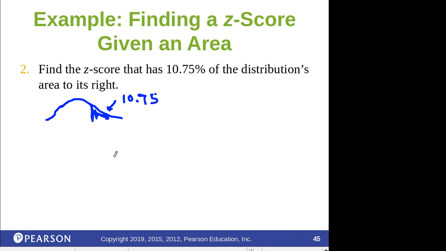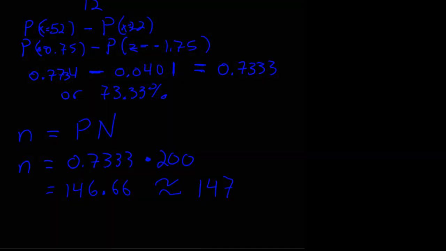But all my tables are to the left, so I've got to do something first. Well, one of the first things I'll do is, I'm actually going to switch over to the blackboard here. So my really lopsided normal curve, I've got 10.75 here.